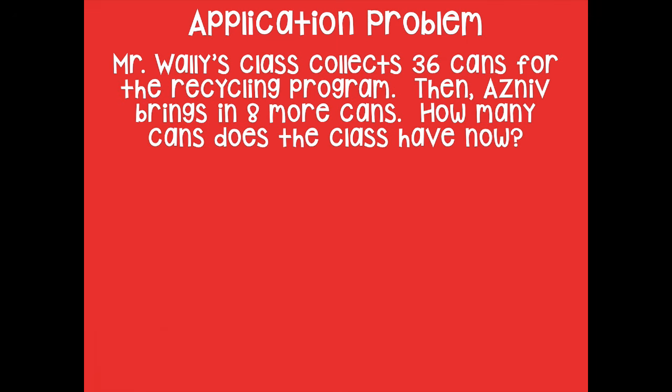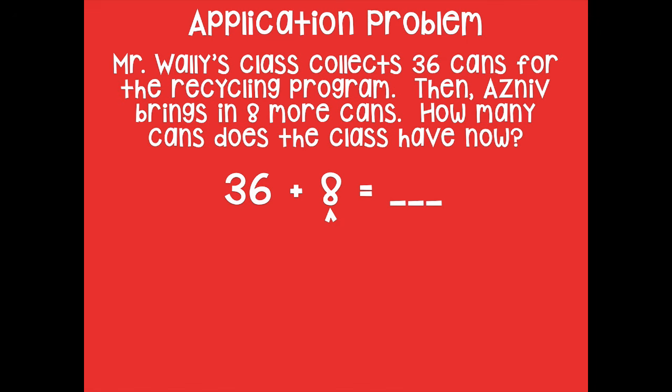So I know that the class started with 36 cans, and then Asniv brings in 8 more cans. So that's telling me that I'm combining those two numbers together to find out how many he has now. So 36 plus 8. When I look at 36, it's really close to that next 10 of 40. So I know that if I have 36, I need 37, 38, 39, 40. I need 4 more to make 40.